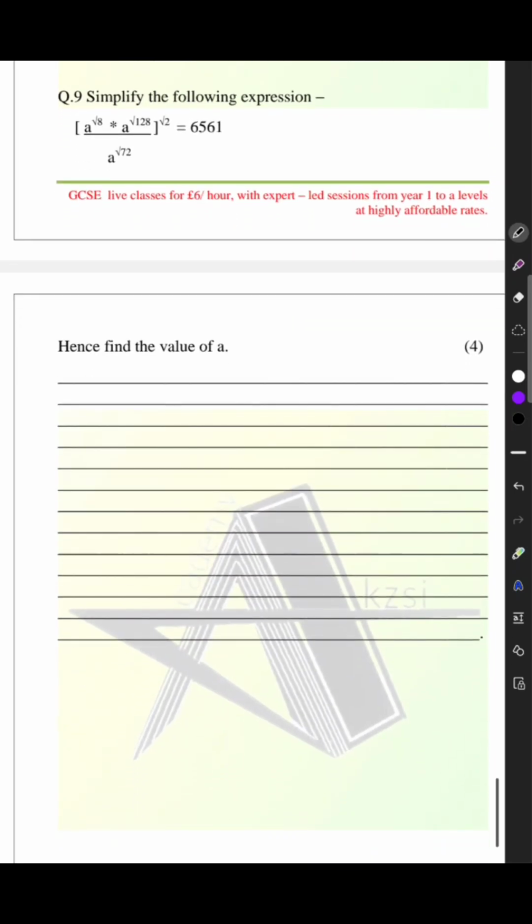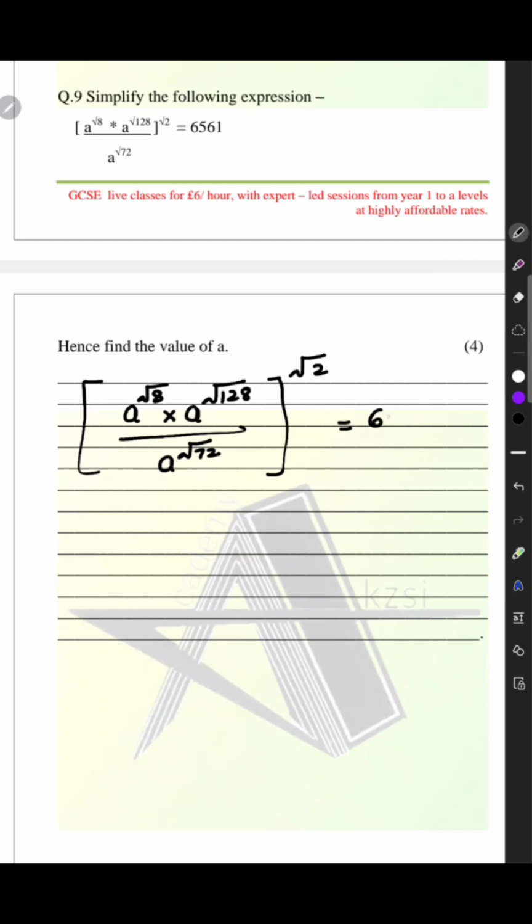Simplify the following expression: a to the power of root 8 times a to the power of root 128 over a to the power of 72, whole to the power of root 2, is equal to 6561.